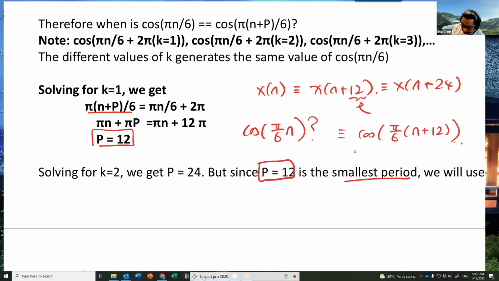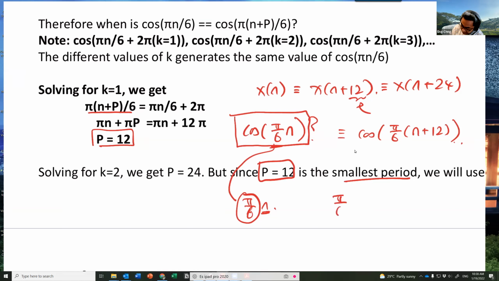Now, remember what this equation means for this value of pi over 6 n. It means that for every step that I take, for every n from 0 to 1 or 1 to 2, pi over 6 is included into the equation. So we are moving by pi over 6.